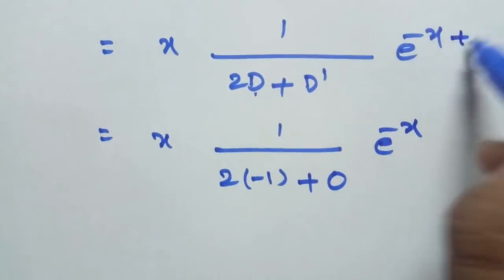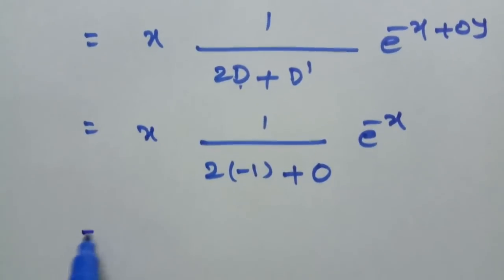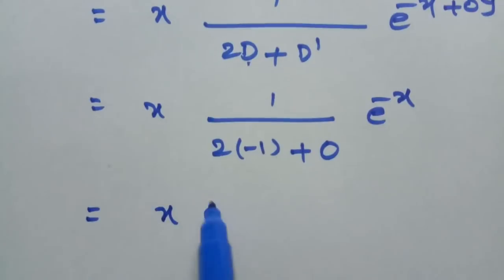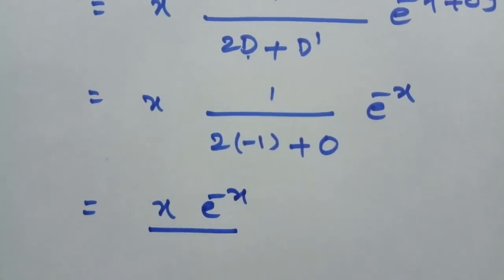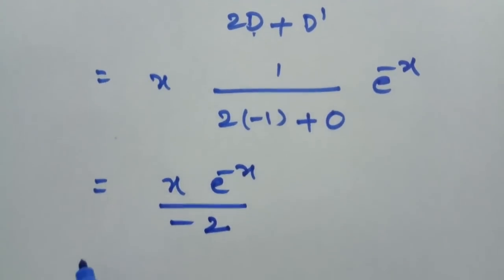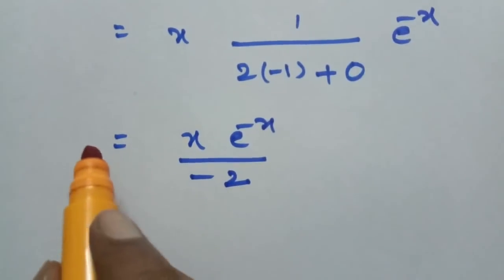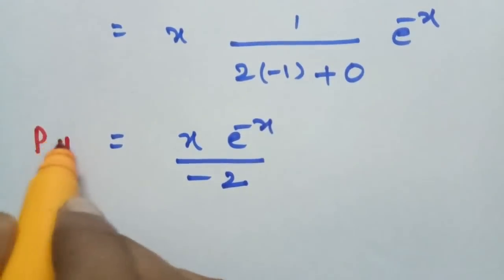Therefore, 0 into y. So therefore, this is equal to x into e to the power of minus x by minus 2. This is the particular integral of equation number 1.